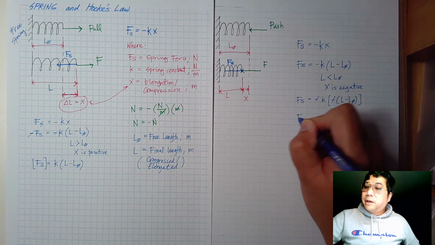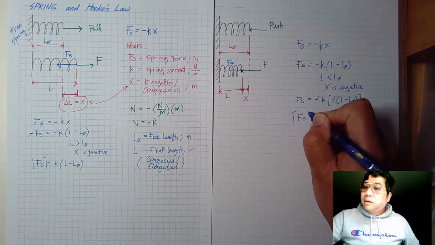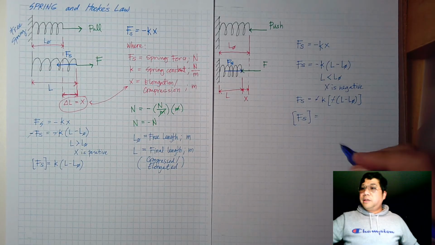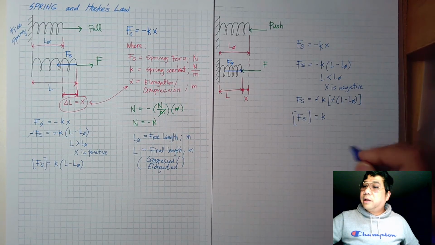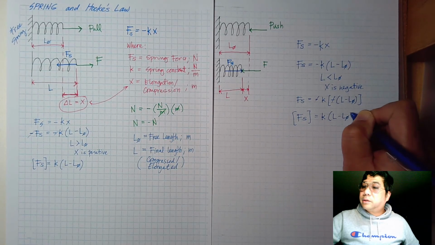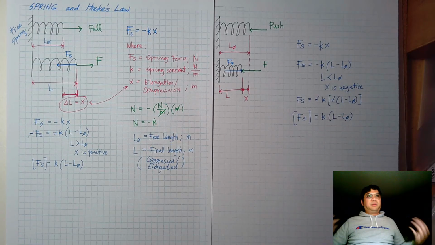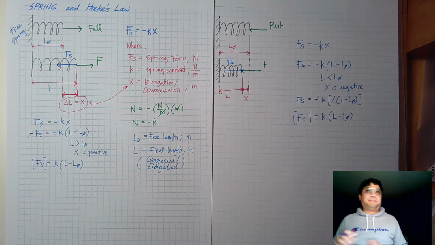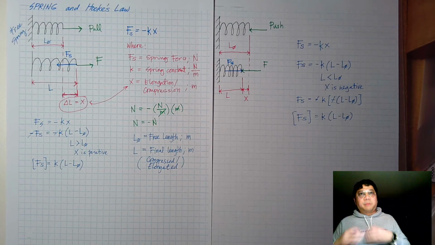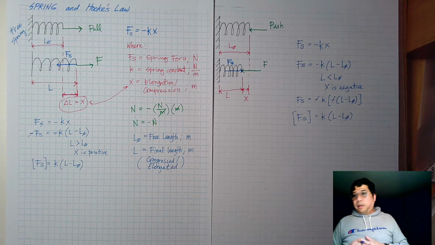So we can now be confident that the spring force is simply equivalent to K times L minus L naught, or we can just use it as X. So in the next videos, you will see some applications on different problems as I will show you in the succeeding videos.